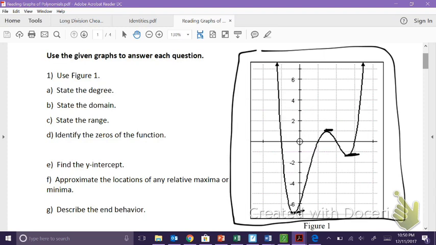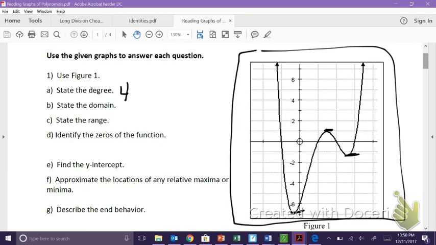Now, are there any special characteristics of this graph? Is there any bounce points? Is there anything where we need to watch for multiplicity? And I'm going to say no, there's not. So, what we're going to do is this. If we have 3 turning points, the degree is at most, what? 4. If the turning points are n-1, 4 minus 1 is 3, that works.